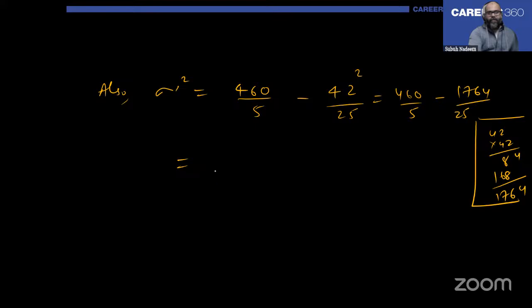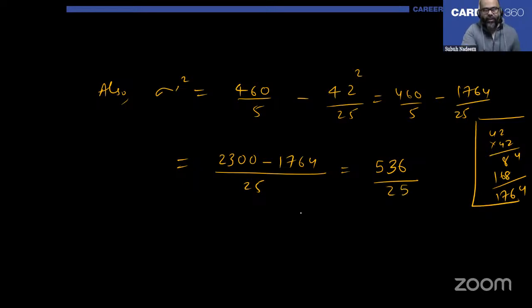So if we take the LCM 25, it will become 0, and 5, 6 is 30, 3 carry, 5, 4 is 20, and it is 23, minus 1764. So this will be 10 minus 4, 6, 9 minus 6, 3, and 12 minus 7 is 5. So what we are getting is 536 by 25.